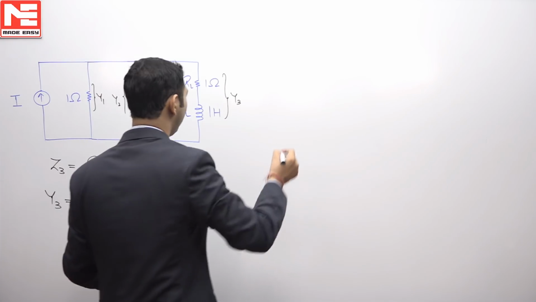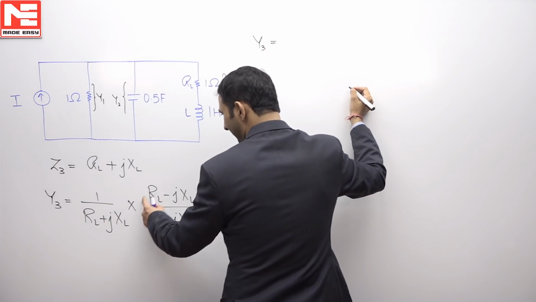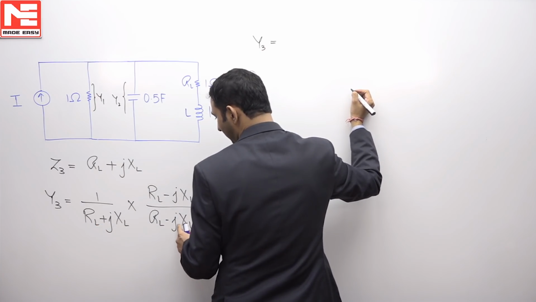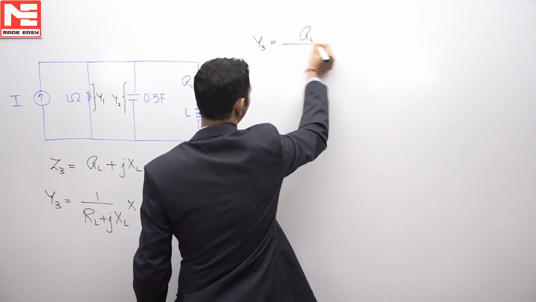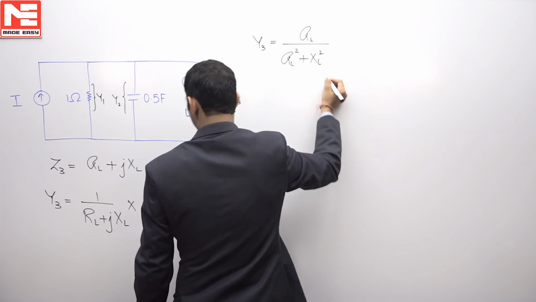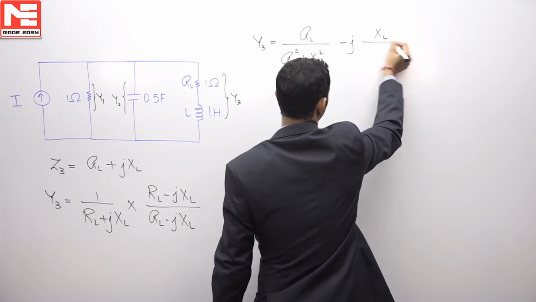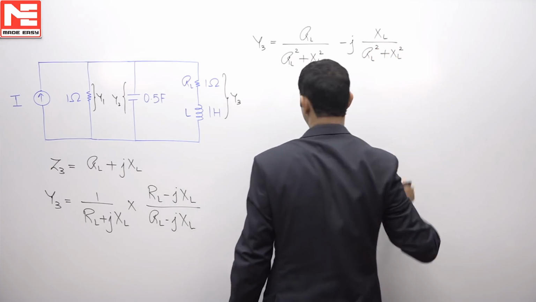Therefore you can see for Y3, the denominator is (A plus B) into (A minus B), that will be A square minus B square, and j square minus will be plus. So it is coming as RL upon RL square plus XL square minus jXL upon RL square plus XL square.